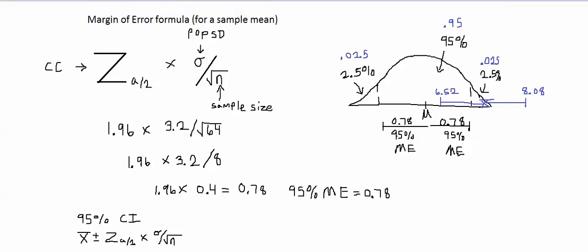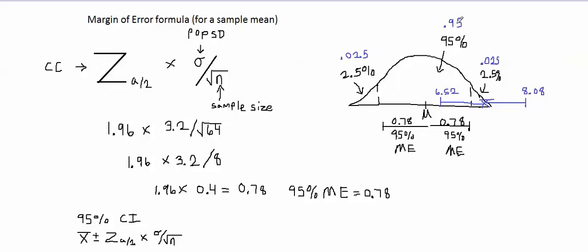And we mentioned earlier that when I randomly select my sample from the population, there's a 0.95 probability that my sample will come from the middle 95%. So that means that there's a 0.95 probability that I'm going to end up with a sample that leads to a success in capturing the population mean.